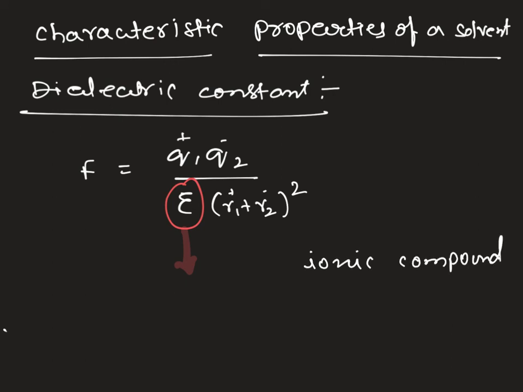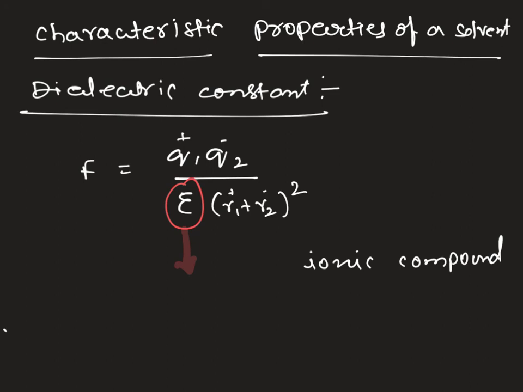If a solvent has a very high dielectric constant, it has a high ability to dissolve ionic compounds. If the dielectric constant is low, then it is very difficult to dissolve ionic compounds in that solvent.